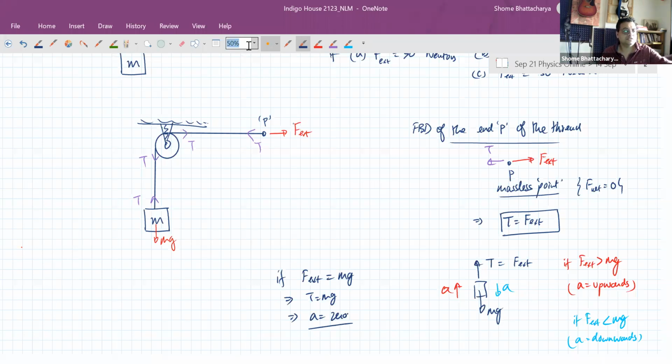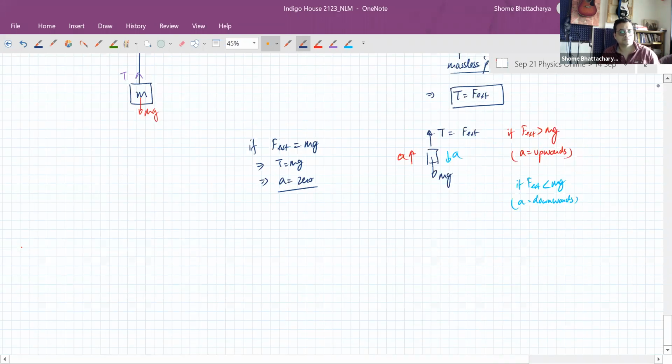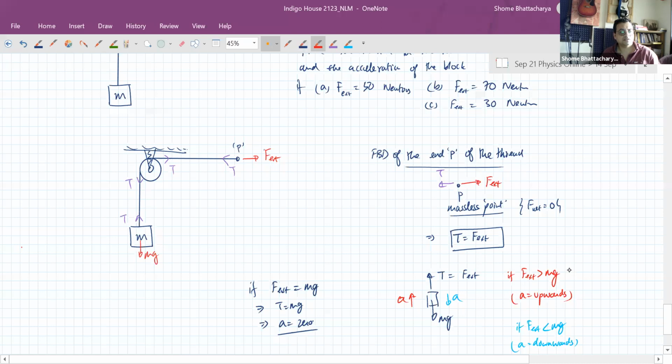So now you can work out each of the cases from this. So if it is a case like this, it's case B. If it is this case, case A.